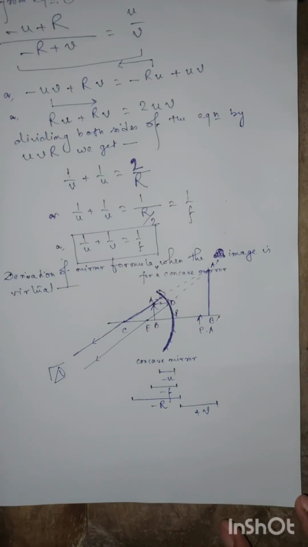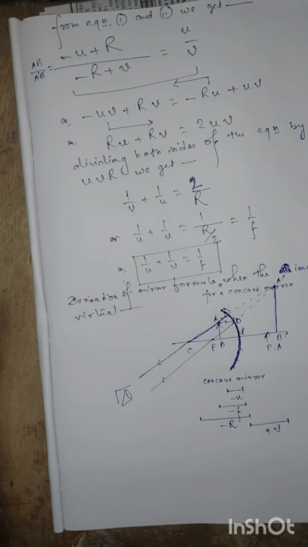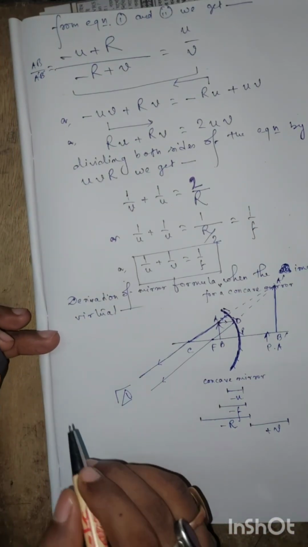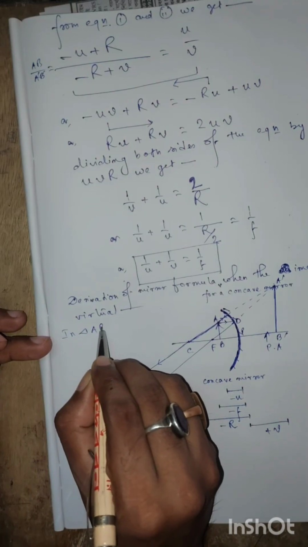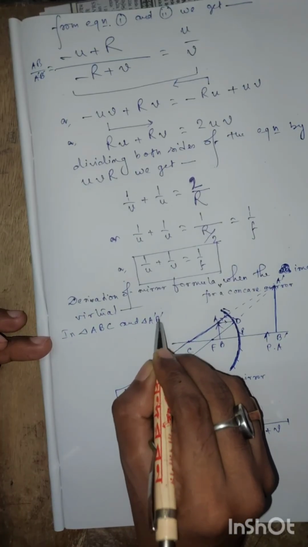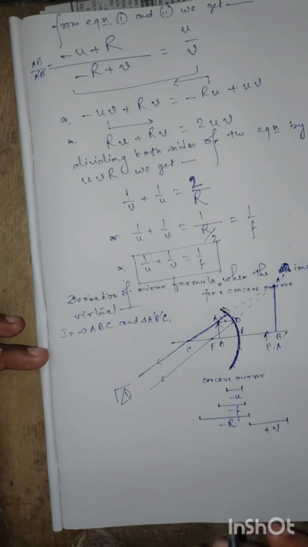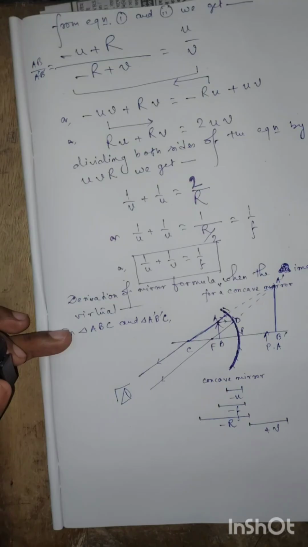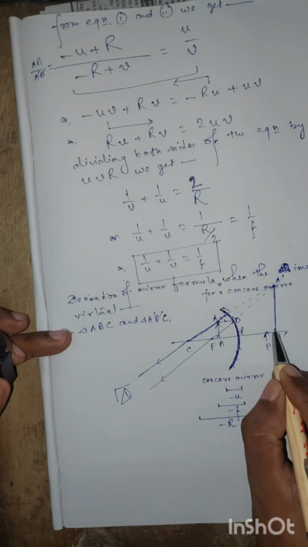Now let us look at two triangles, triangle ABC and triangle A dashed B dashed C. These two angles are 90 degrees.